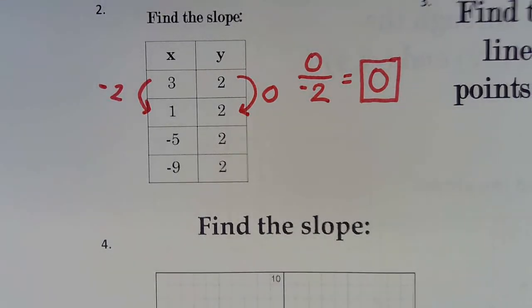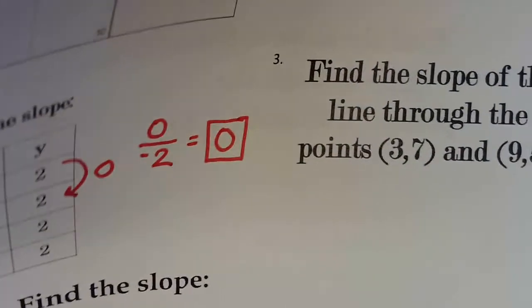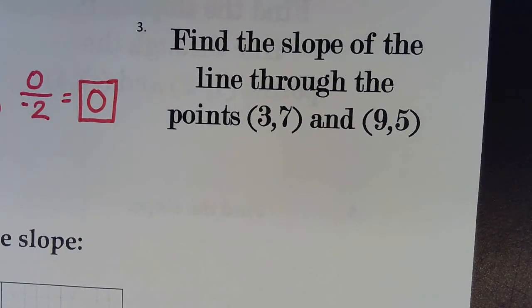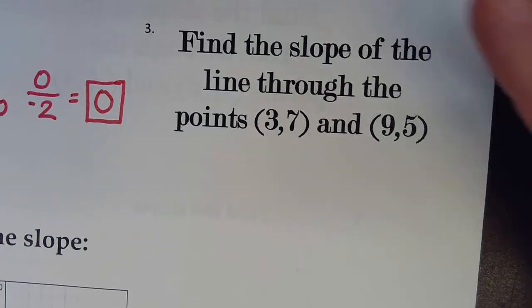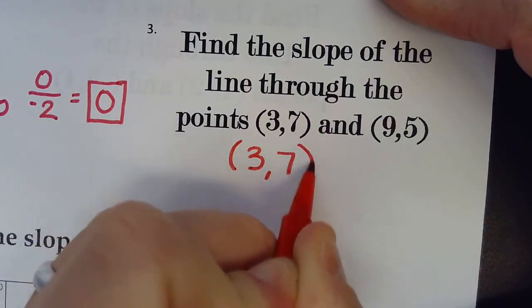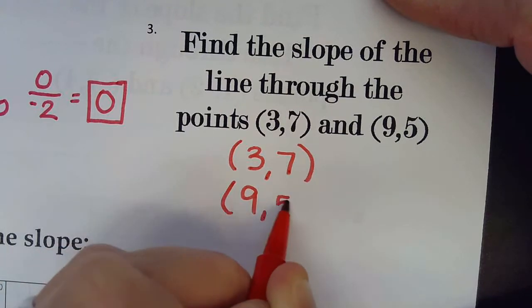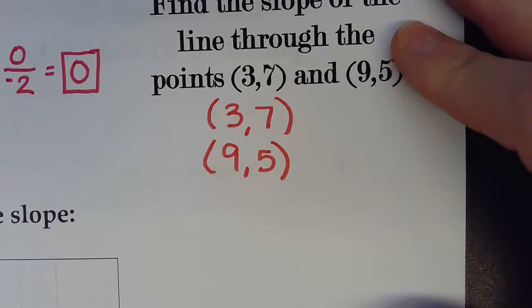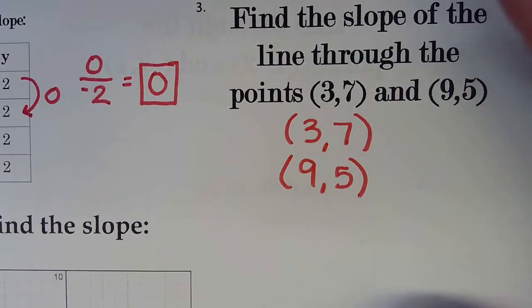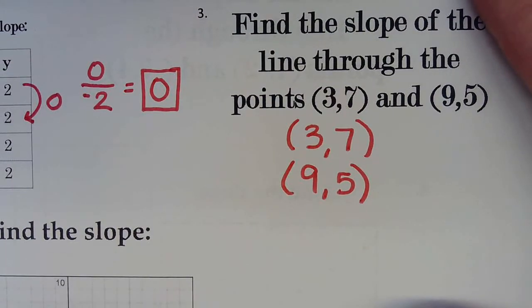And lastly, before I let you loose on the rest of this on your own, if you are given 2 points, I would recommend doing kind of what I showed you in the notes. I would stack them. And then I would do the same thing that I did over here with the table. So I have to figure out how my y values change.